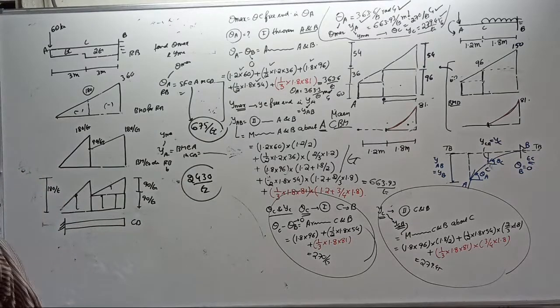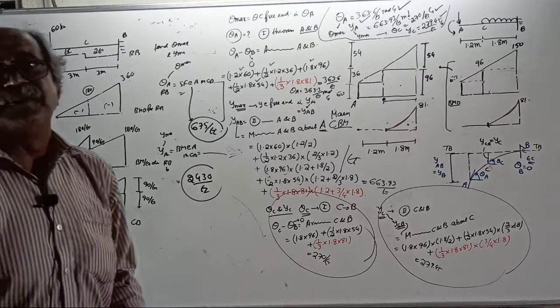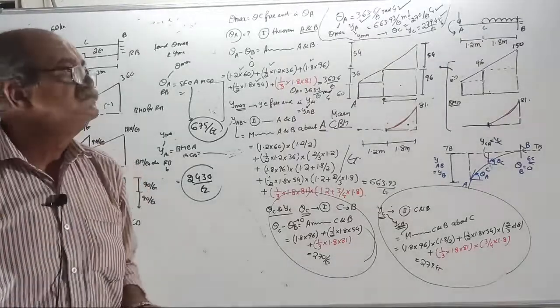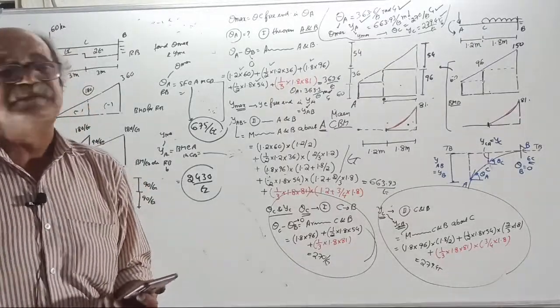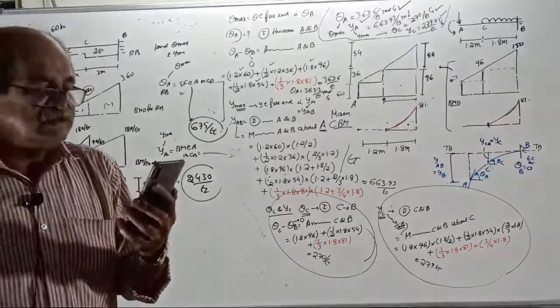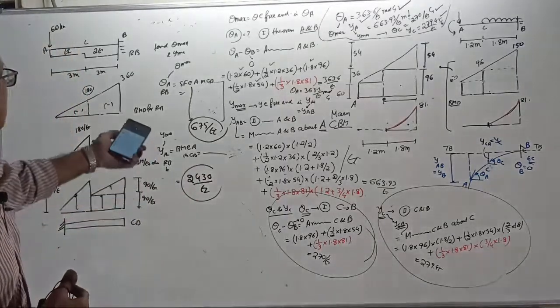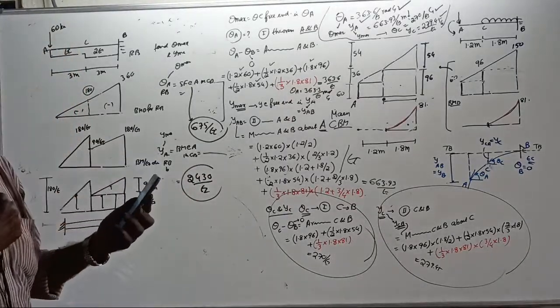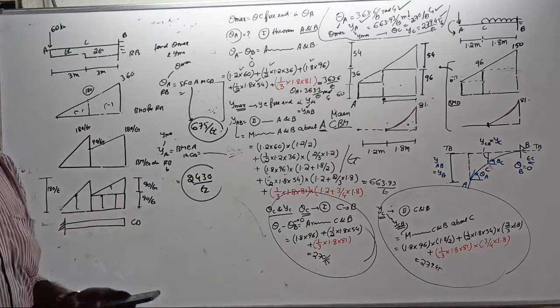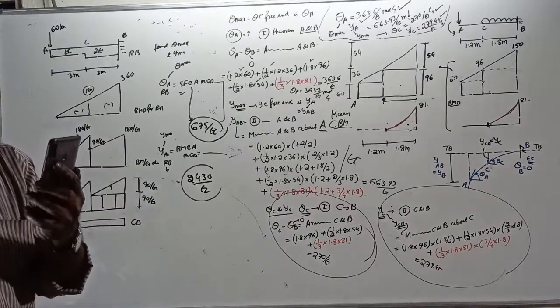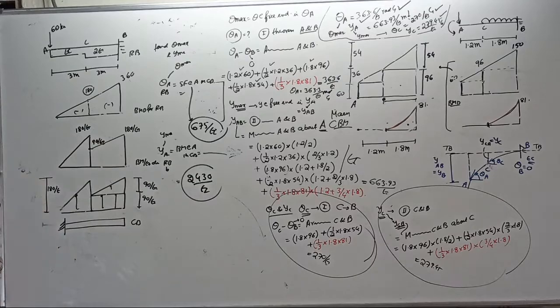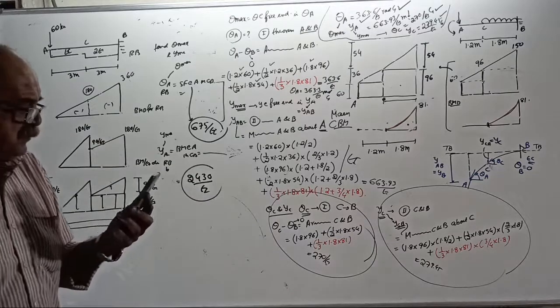Tomorrow I will tell you how to apply the conjugate beam method for overhanging beams. Some important information is there regarding the internal hinge. I wrote the answer. See, you got the slope correctly. If you get the deflection correctly, you write the answer. I will come and close the class. I get 10 minutes extra break before the next class, an advantage for me, a little rest.